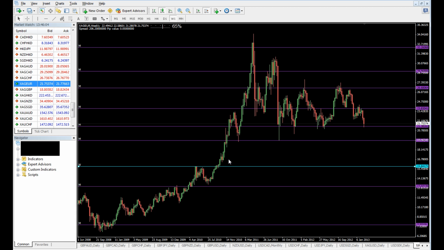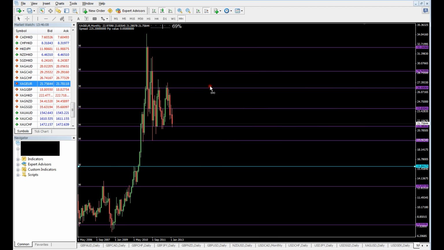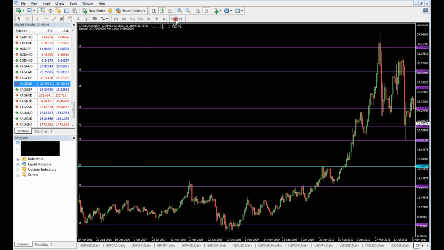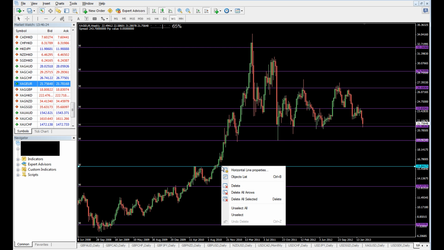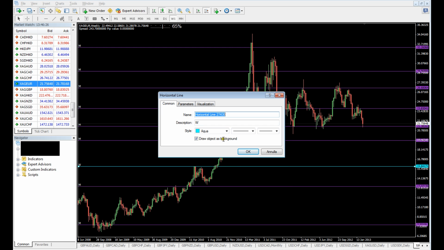So what can we do so that we don't find a monthly chart full of weekly levels that we don't want to see? It's quite easy. Most platforms give a function to select the time frame we want to see our bars in, and we can do something like this for Metatrader.